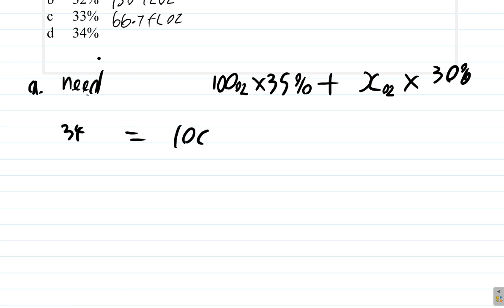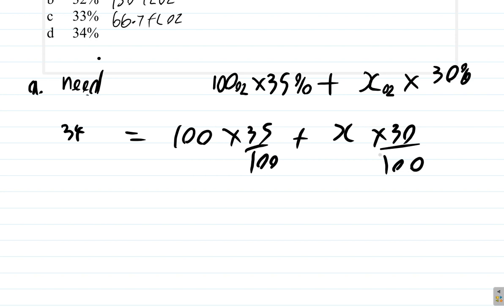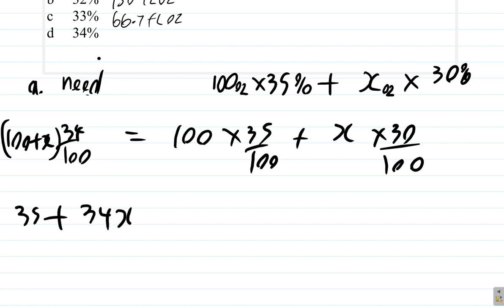That will come from 100 ounces of 35% concentration plus X ounces of 30% concentration. The total will be 100 plus X ounces of 34% concentration. So 34 out of 100 by 100 is 34 plus 34 over 100 x equals, this amounts to 35 plus 30 out of 100 x. We're moving a bit faster here because we want to finish up the question.